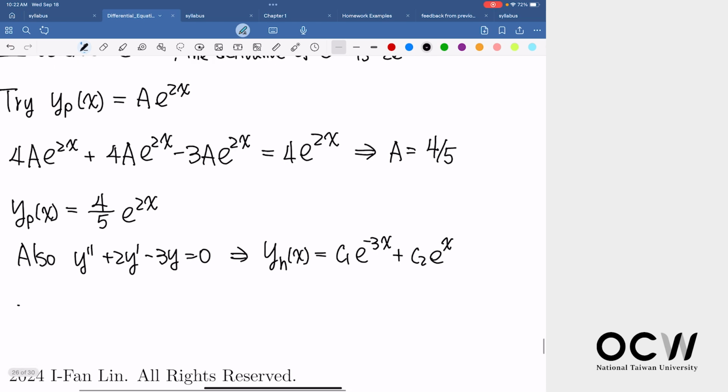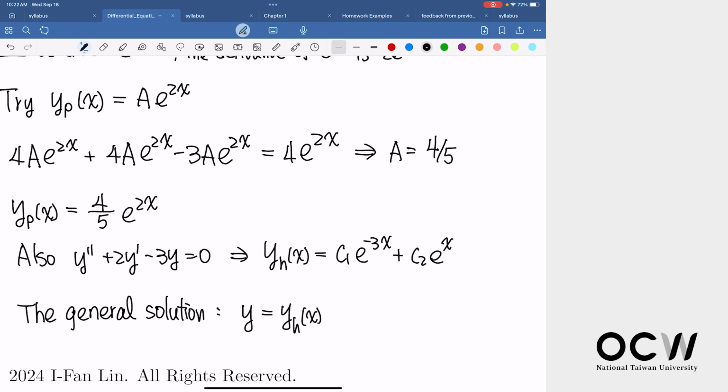So the general solution y includes the homogeneous solution and particular solution.